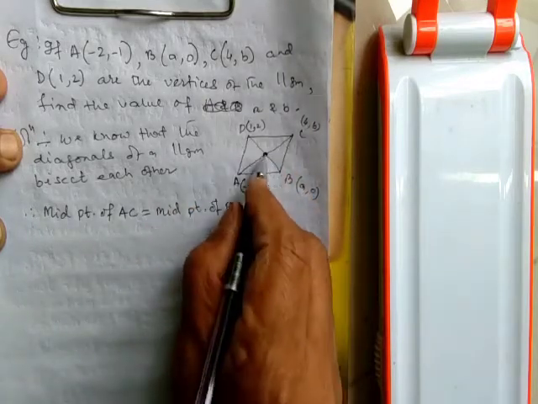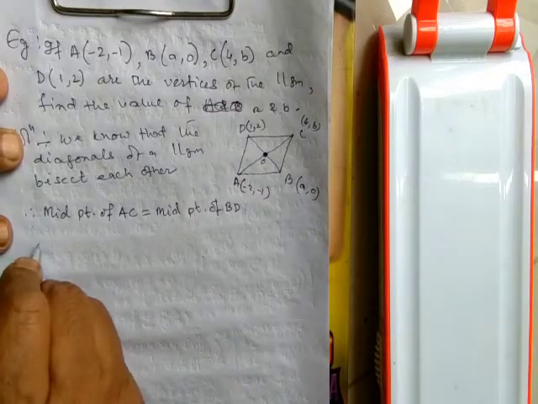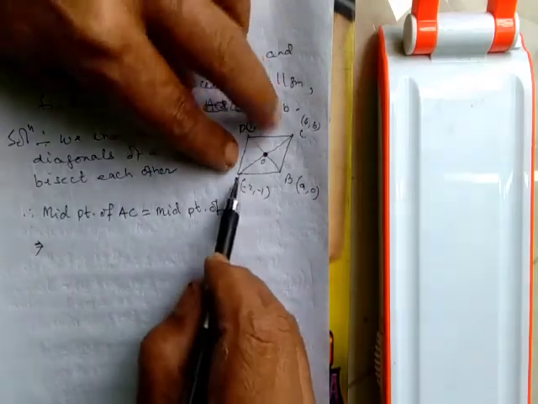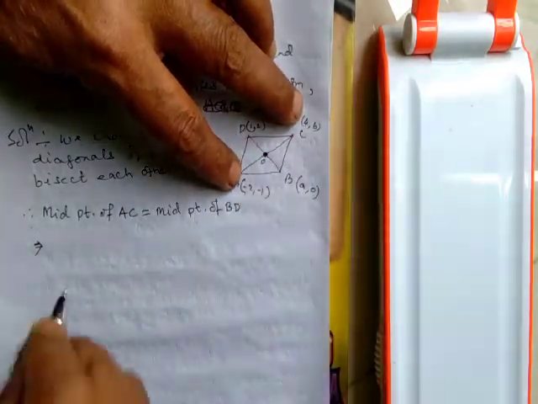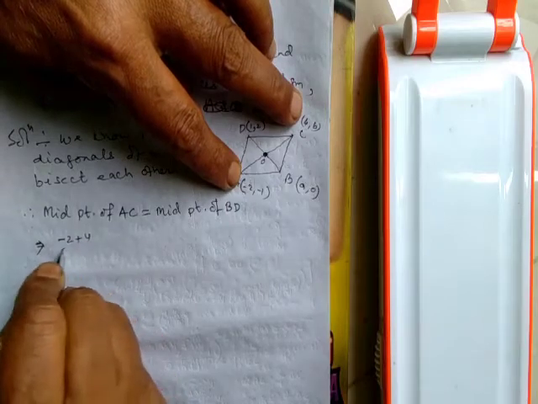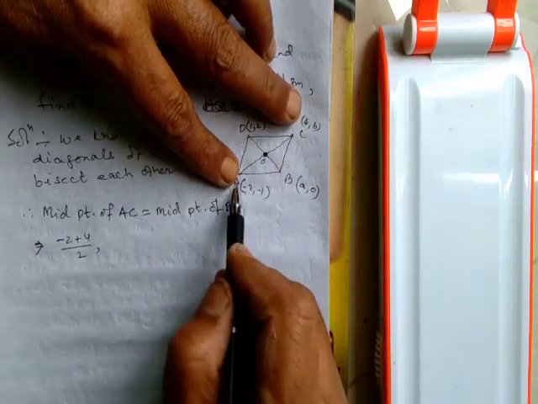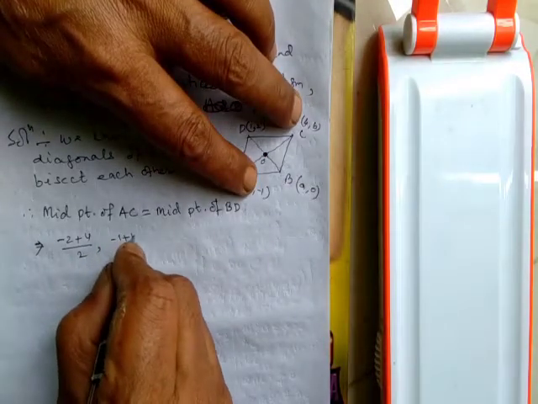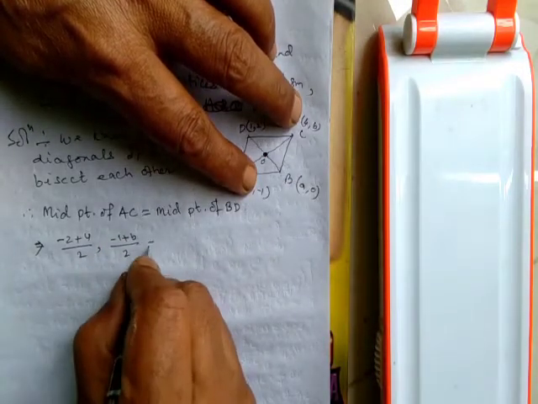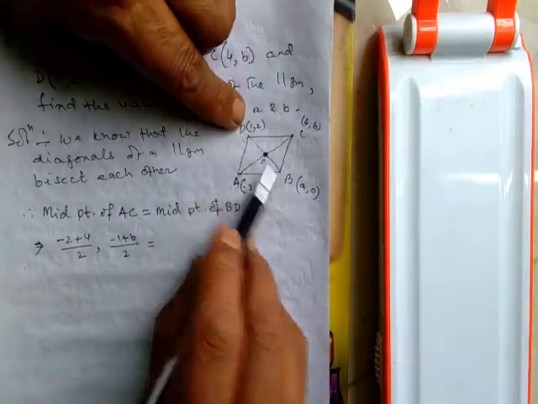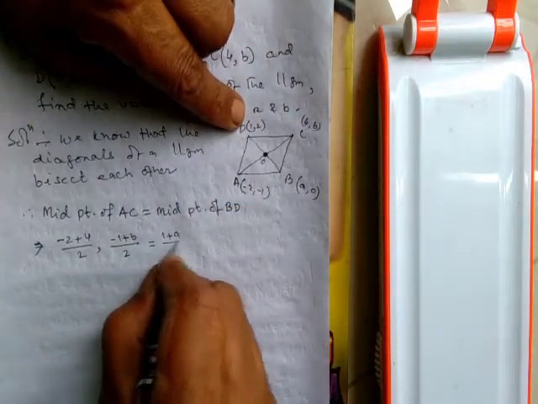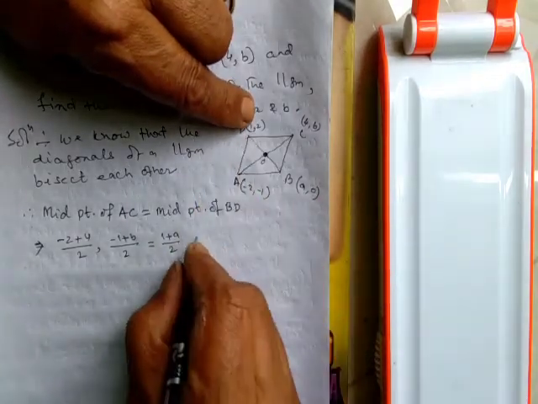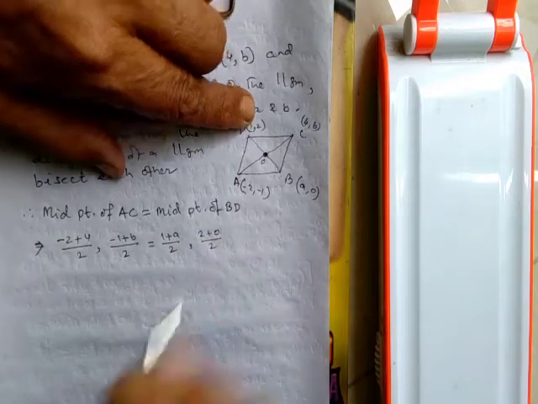For both the diagonals, midpoint is the same, they will be equal. So midpoint of AC is ((-2 plus 4) by 2, (-1 plus b) by 2) is equal to midpoint of BD, ((1 plus a) by 2, (2 plus 0) by 2).